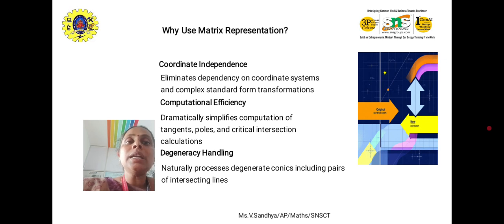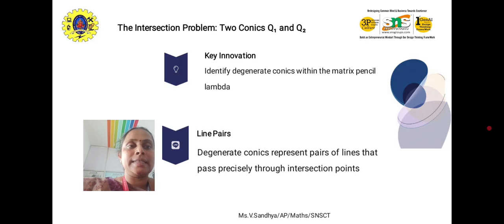Next, degeneracy handling: it naturally processes degenerate conics, including pairs of intersecting lines.